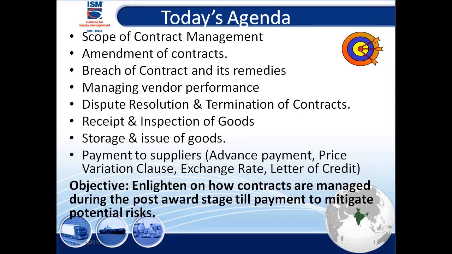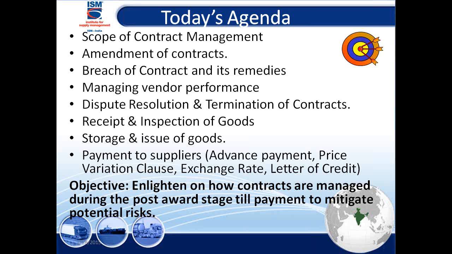Then there's the exchange rate. The person supplying you something is importing 40 to 50% of the content from abroad, and the dollar, euro, or Japanese yen rate versus the rupee changes. So naturally, who's going to bear that cost? The next is the letter of credit. How do I transfer the payment for importing products?